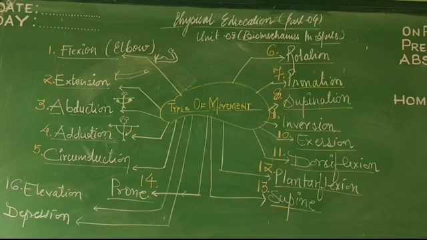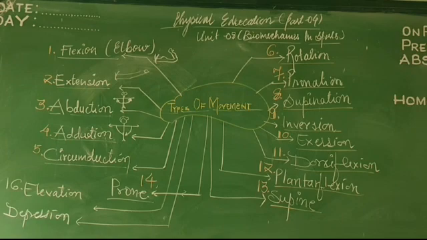Pronation, you can see the 7th point on my board. Pronation is when the anatomical position of the forearm is rotated so that the palm of the hand faces backward, with the elbow flexed, so the forearm is horizontal and the palm turns face down.